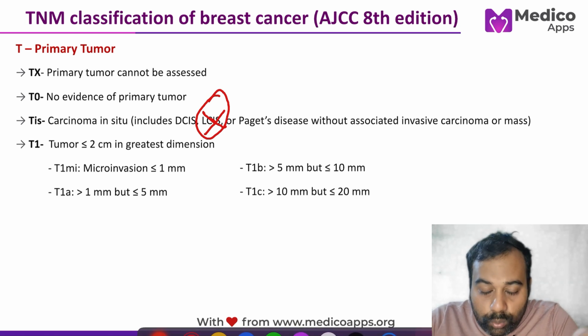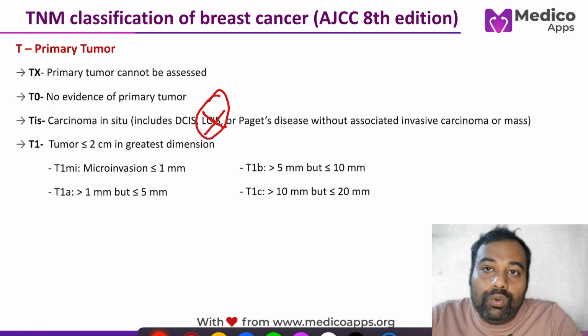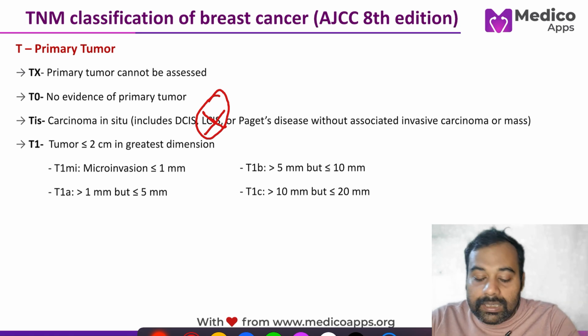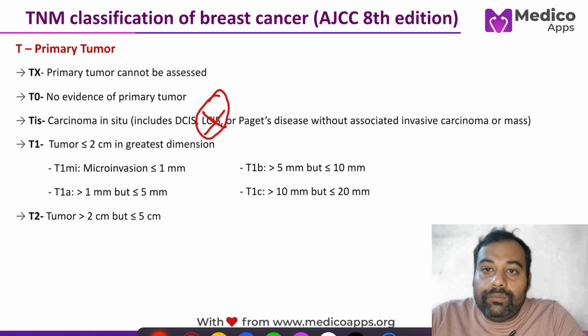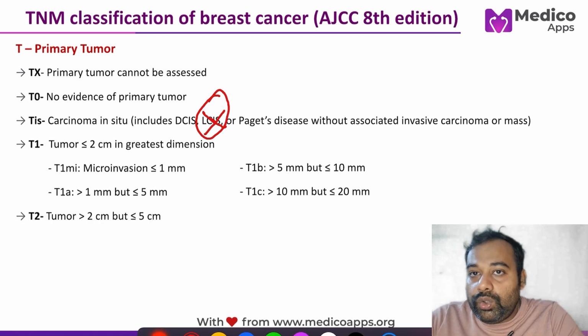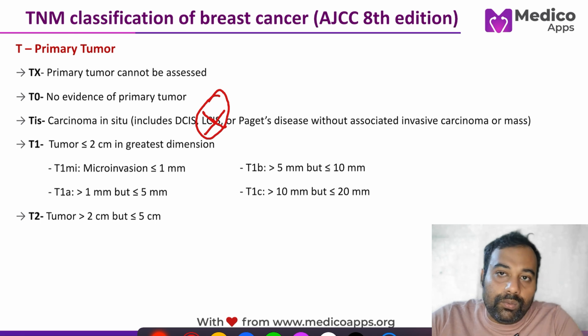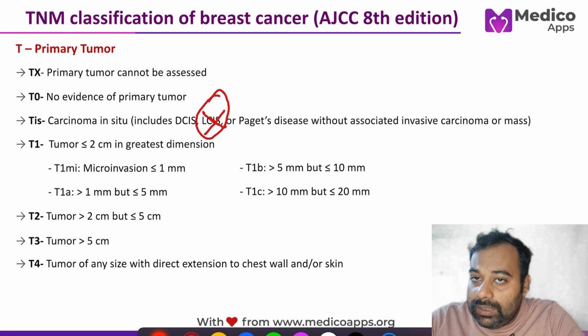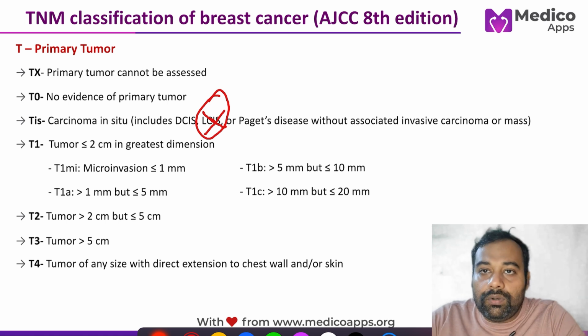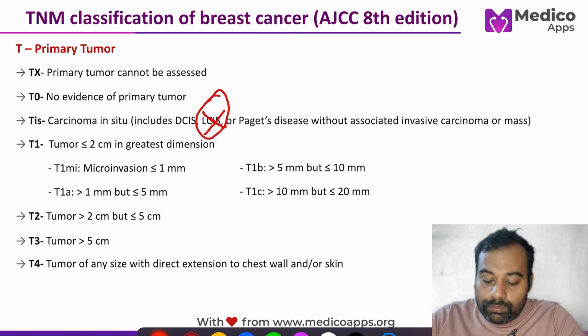T1c is more than 10 millimeter but up to 20 millimeter, or 2 centimeters. Then we have T2, a tumor size from 2 centimeters to 5 centimeters, and more than 5 centimeters is T3. Then we have T4, T4A, that is chest wall involvement.